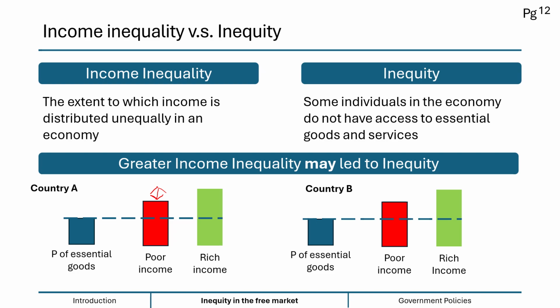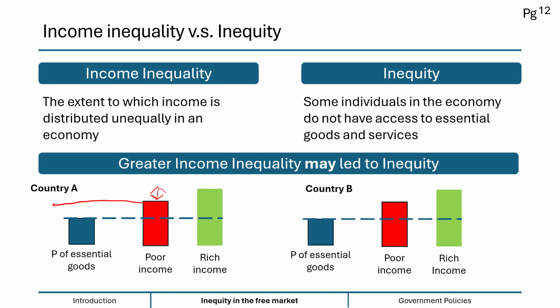To see if there's inequity, I need to see whether the poor is able to afford essential goods and services. So as you can see, in country A, the poor's income is higher than the price of essential goods. Therefore, in country A now, there is no inequity because the poor can buy the essential goods.